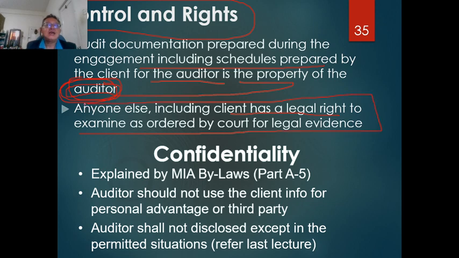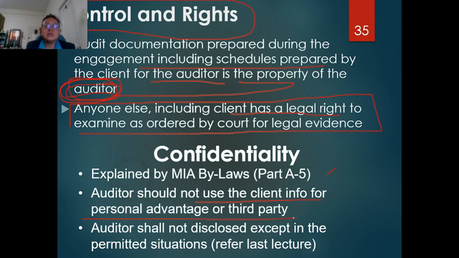However, even though it's owned by the auditor, your client can examine it as ordered by the court or legal evidence. Now, the audit documentation must be kept confidential by the auditors. It's required by the MIA bylaws, Part A5, and auditors should not use the client's information for personal advantage or for a third party.